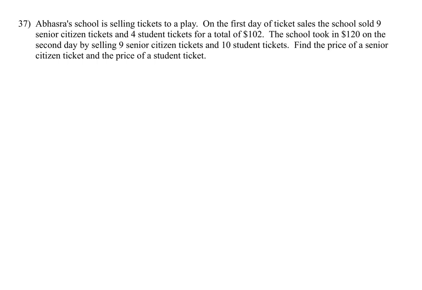What are the two things that are clearly obvious that we don't know? Right, the price of the 2 tickets, right? So if x is my price for my senior citizen and y is my price for my student, then that is going to help me set up my 2 equations.